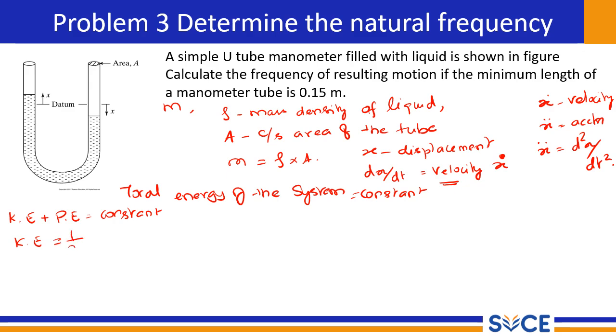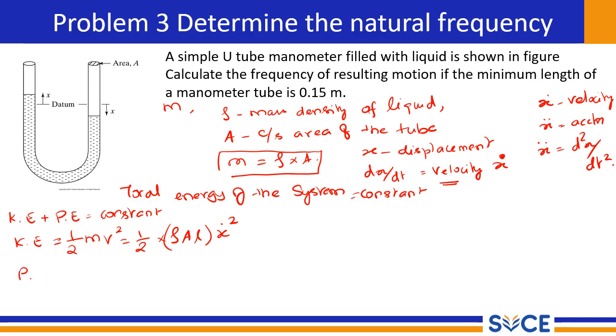Very simply, we can substitute half m v square. Here the mass is rho A, and with respect to the liquid column it is rho A L, into velocity, which we put in terms of x dot. Since it is velocity square, so x dot square.